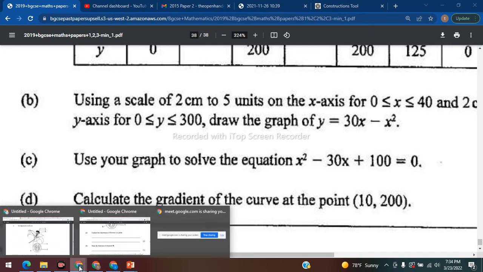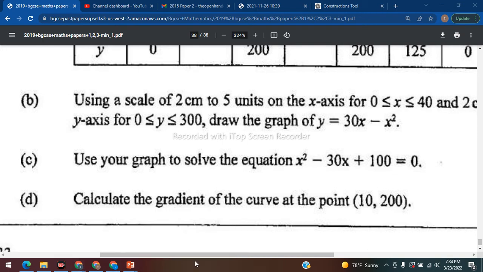Okay, so let me take it off. Mr. Petit, this is on the paper 3, right? Yeah, it's still paper 3. That thing where we had to bisect and all that, was that on paper 3? No, that was paper 2, BGCSE. I didn't expect that to be on paper 3.